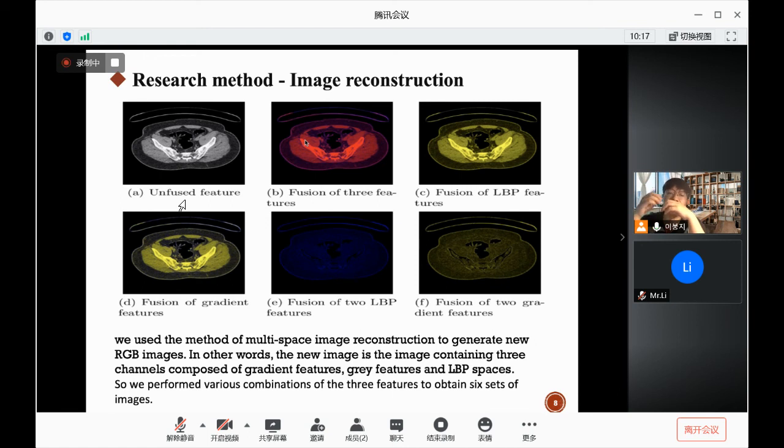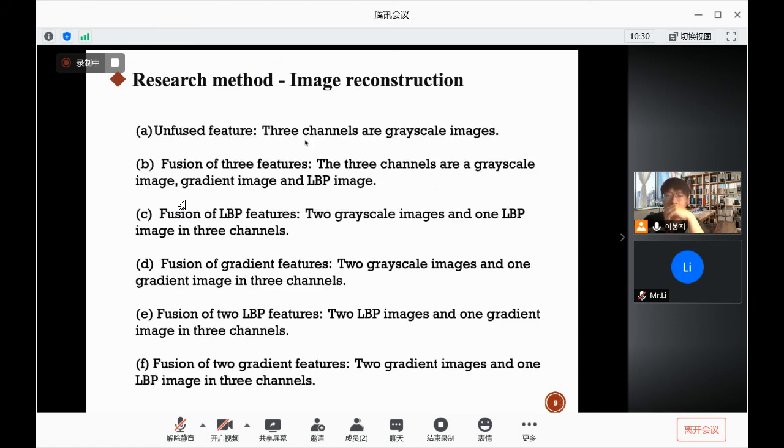So we performed various combinations of three features to obtain six sets of images. As shown in the picture, there are six groups of reconstructed images used in the experiment. A, B, C, D, E, F.